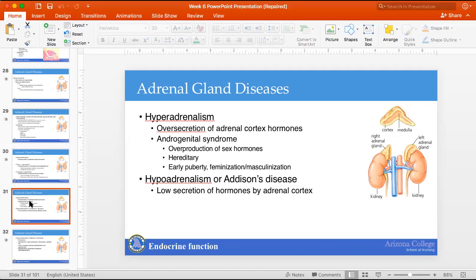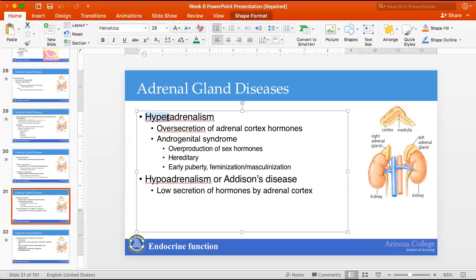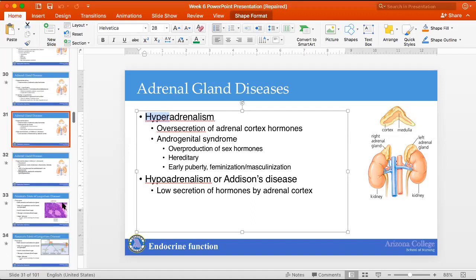You see a common theme with a lot of these glands: either there's a normal functioning level, or you're going to have excess. With the endocrine system, it's about understanding what the normal is, what this should be doing, and then if it's hyper, you're doing too much of this thing and there are problems, and if it's hypo, there are signs and symptoms associated with that. It has to do with the levels of hormones being secreted.